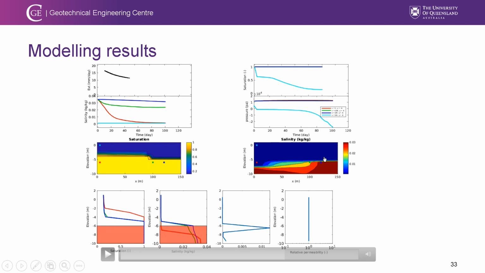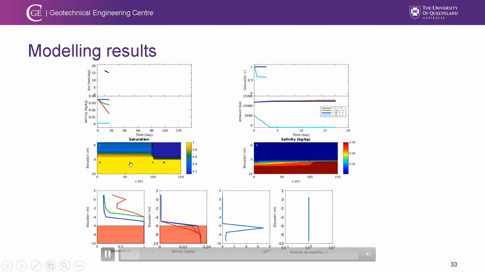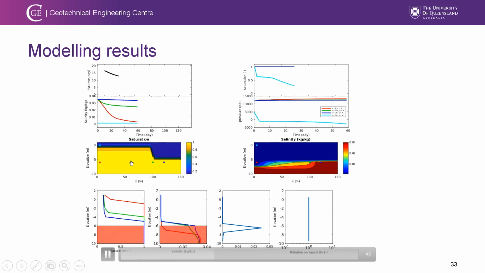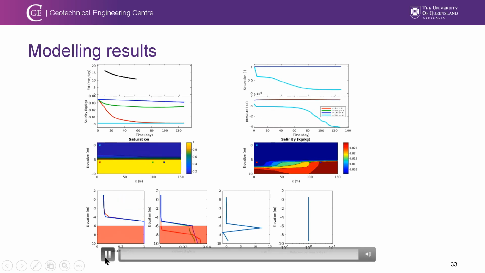Eventually, what we expect is exactly the same as the original condition, where the water table is flattened and this fresh section of groundwater will be backfilled by the salt water. So that's basically how the simulation looks like.